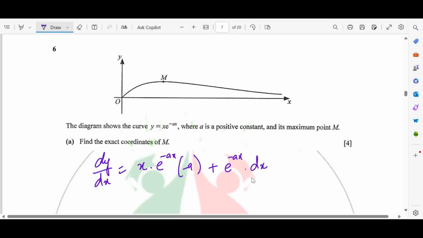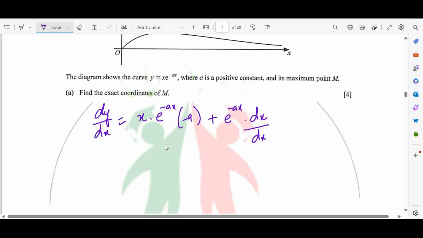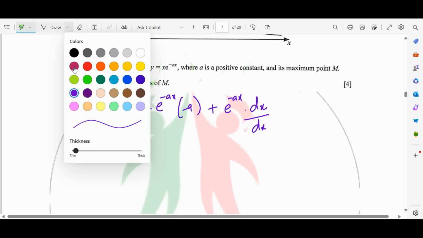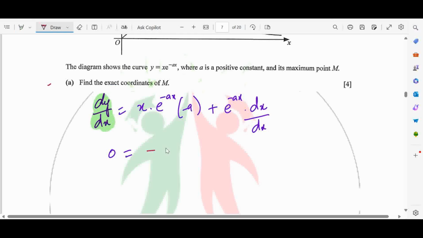We are finding the derivative with respect to x, so the answer will be this one. Now we know that at the maximum point dy by dx will be equal to 0. Let me mention here that dy by dx equals 0. That is why we can write it as minus x a e power minus ax plus e power minus ax.